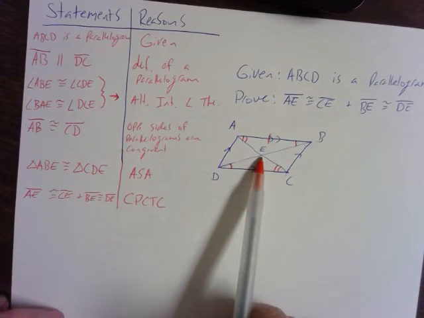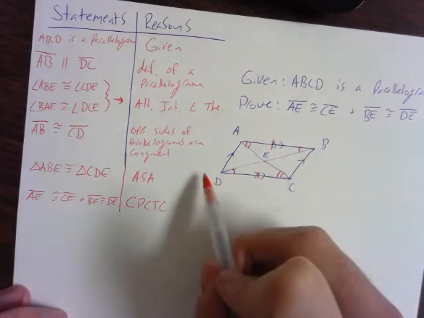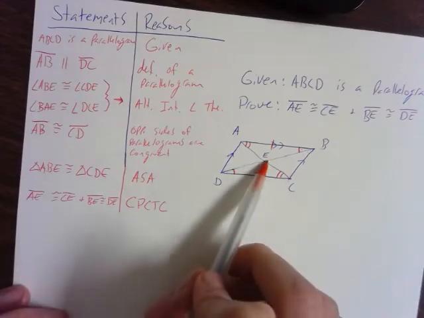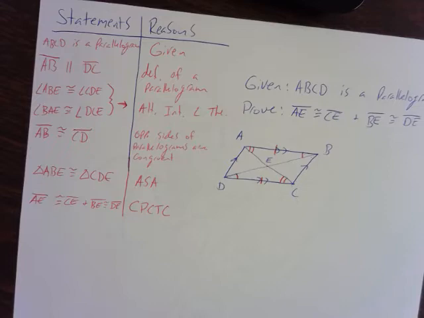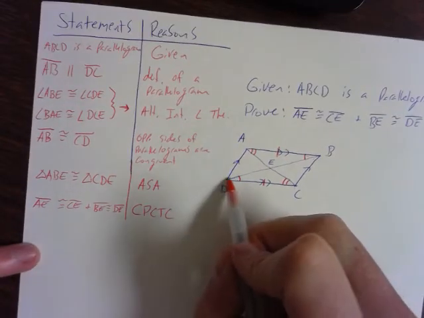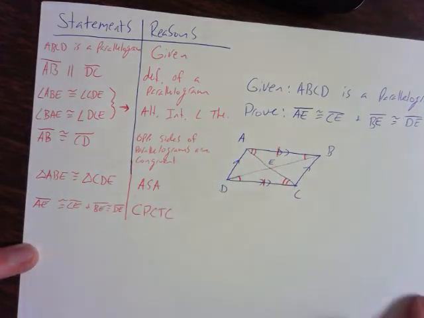Point E. So E is cutting line segment BD in half, and E is cutting line segment AC in half. Cutting something in half is the same thing as bisecting it.